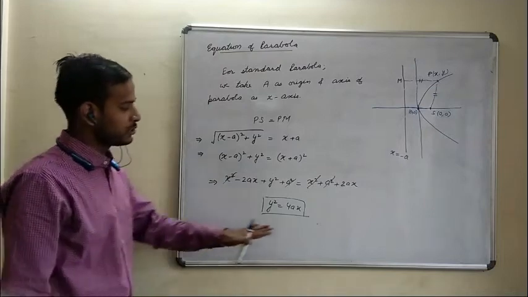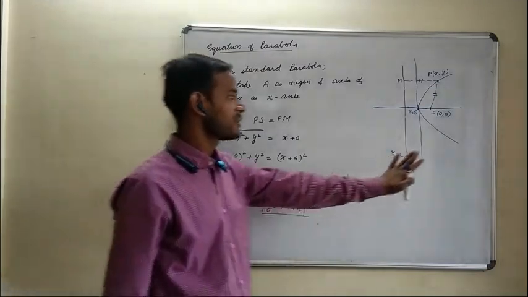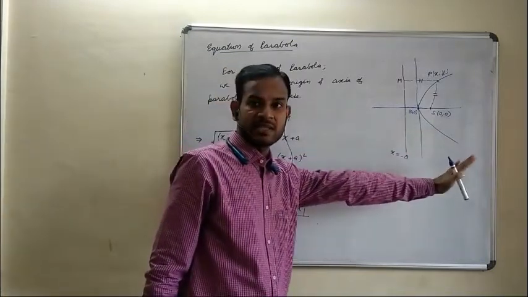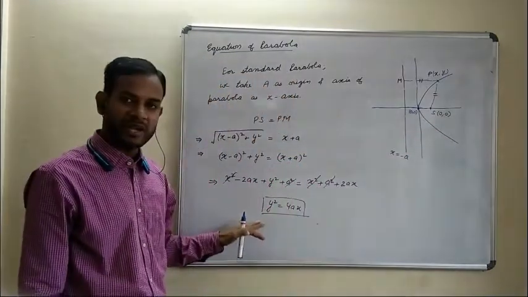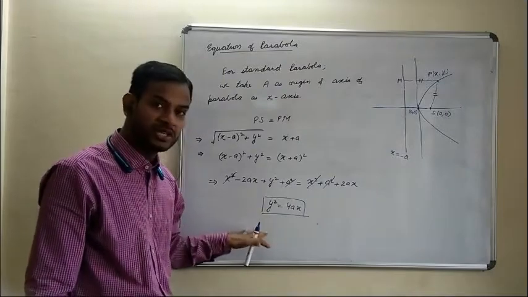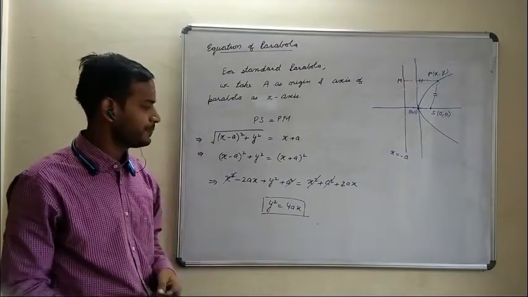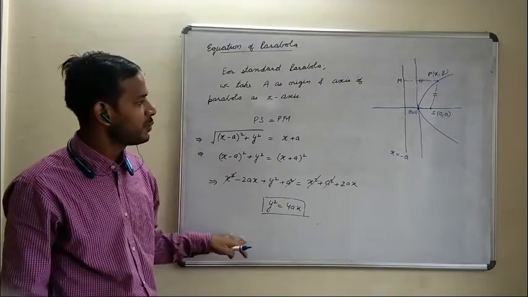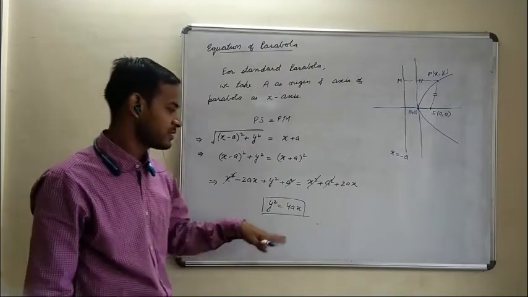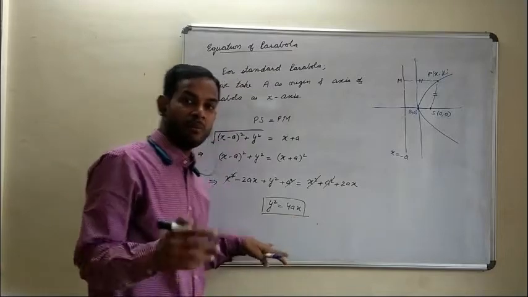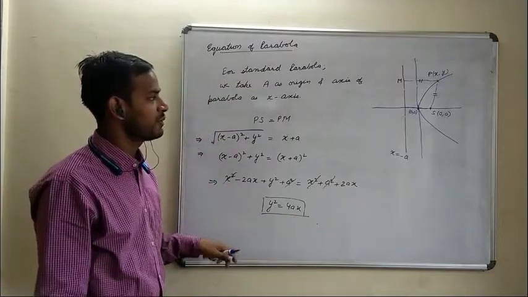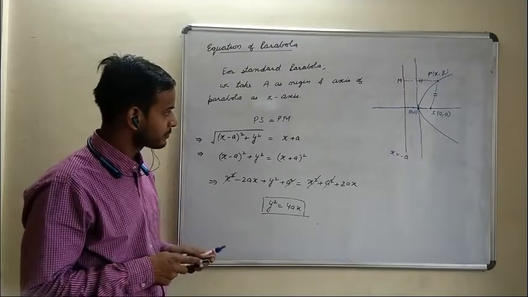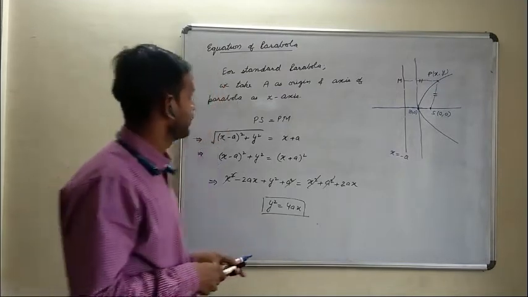Okay, so this is the equation of the standard parabola, the axis of which is the x-axis, the vertex is the origin, and the focus is (a, 0). We need to remember this equation. y square equal to 4ax is the simplest and most commonly used equation of a parabola.